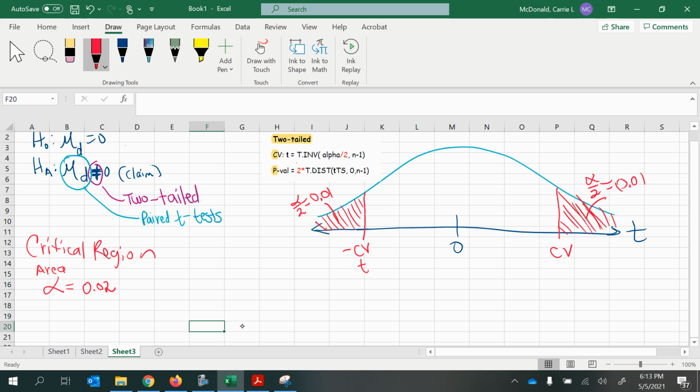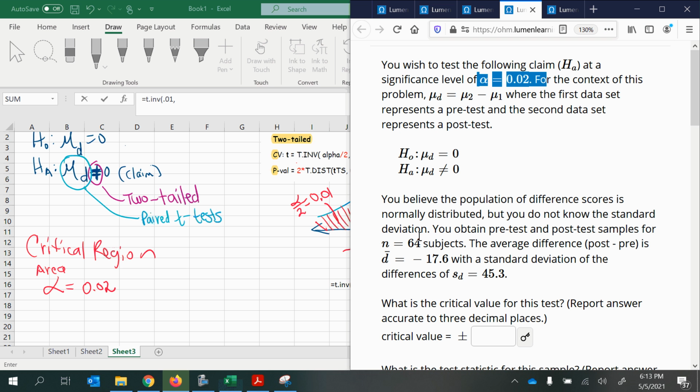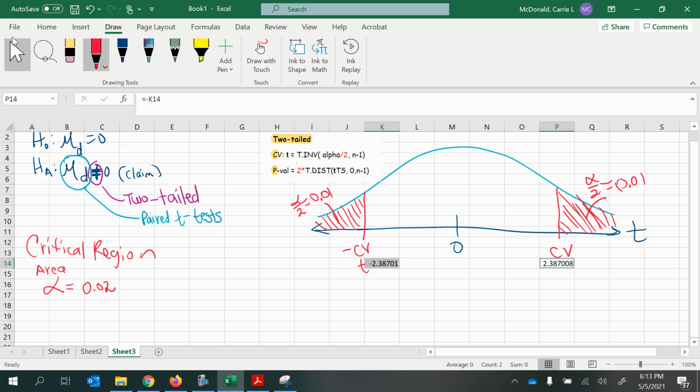Okay, so we're going to do t dot inverse 0.01 degrees of freedom. We need our N. N is 64 here, so it's going to be 63 degrees of freedom. And here is our negative critical value. And the positive one is just going to be the opposite sign of this one. Right, so that's it. We're done with our critical value.